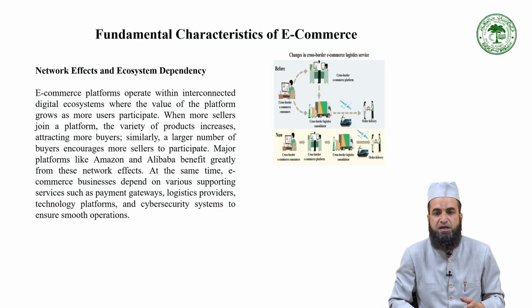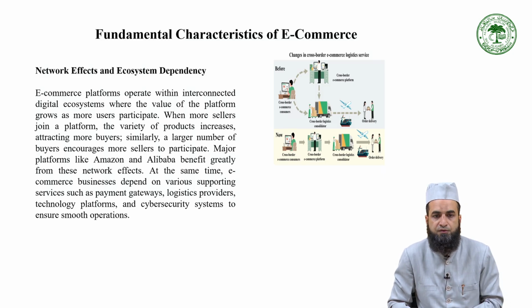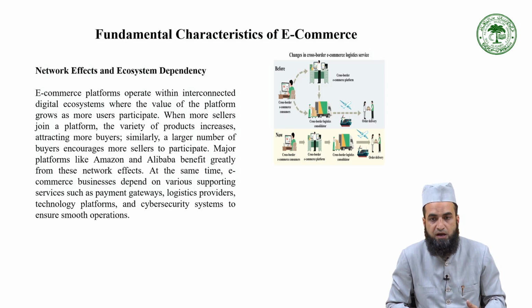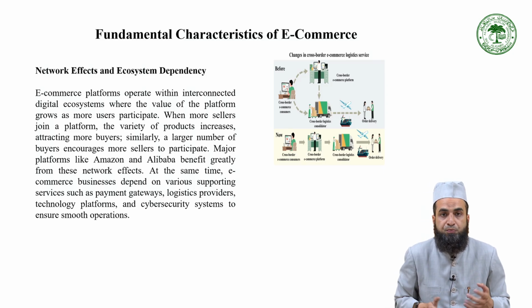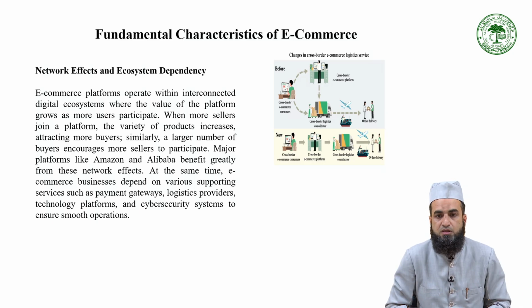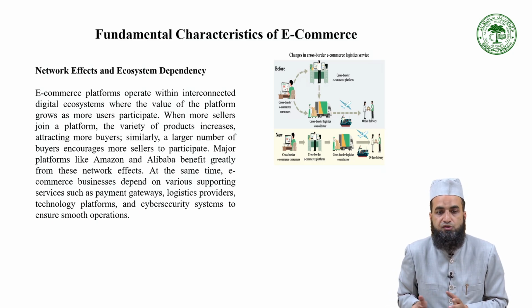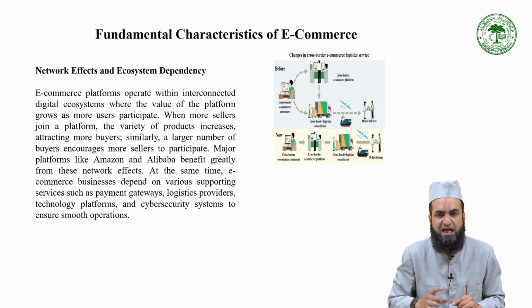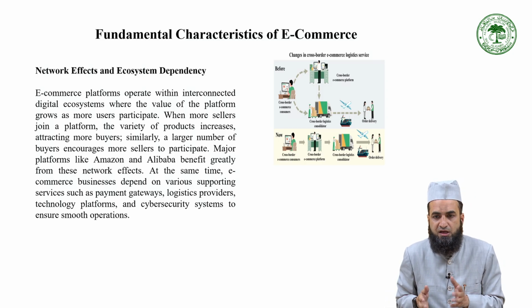E-commerce businesses are dependent on various ecosystem components: payment processors, logistics providers, technology platforms, digital marketers, and cybersecurity providers. The interdependence creates both opportunities and vulnerabilities. A disruption in any critical component can cascade throughout the system.